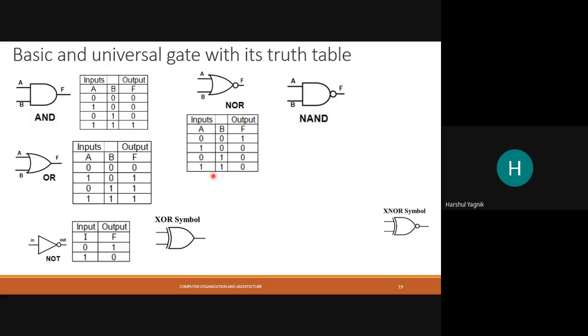Then there is a NOR logic. NOR, you see, the output is invert of OR. What is OR logic? If any input is 1, then output is 1. What is NOR logic? If any input is 1, then output is 0.